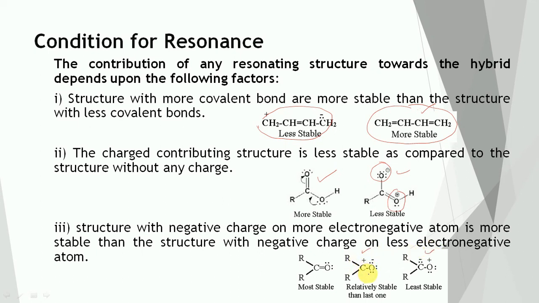In this structure, the negative charge is lying on oxygen, which is more electronegative, while in this case the positive charge is lying on the electronegative oxygen. So if we compare these two structures, this structure is more stable. While comparing all three structures, the most stable is this one, because there is no charge separation.